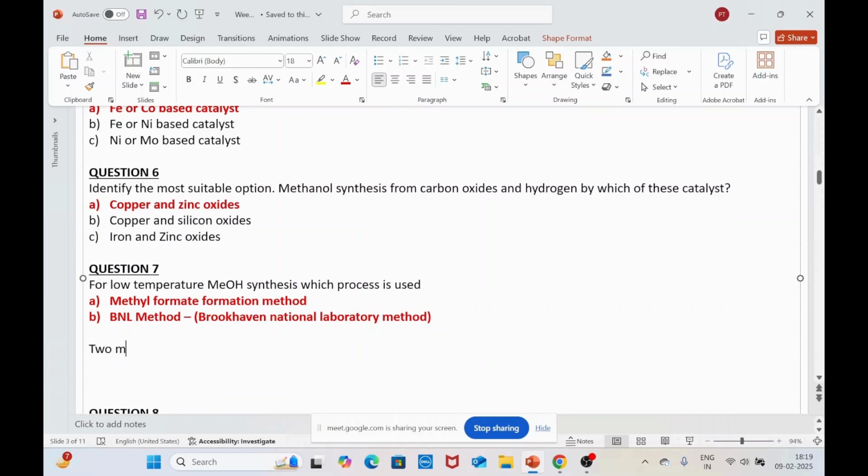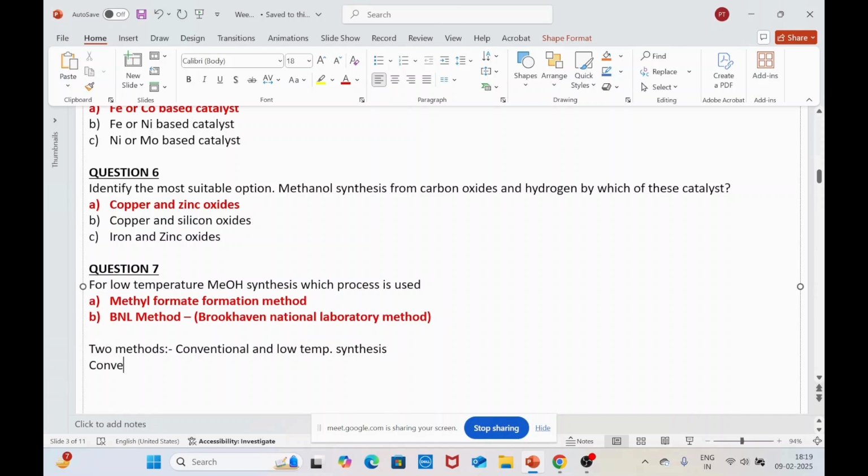So two methods. So we have conventional, and another one we have is low temperature synthesis.